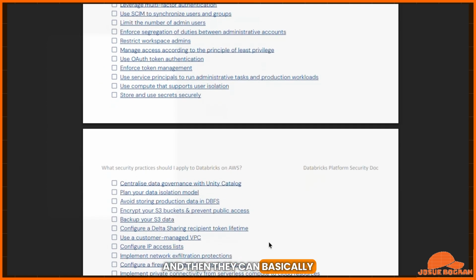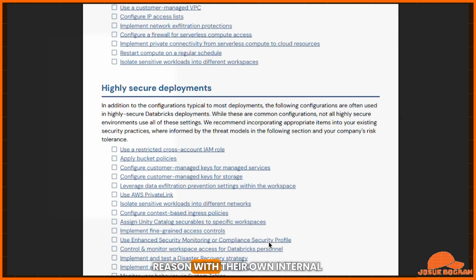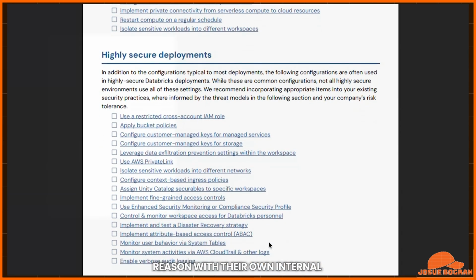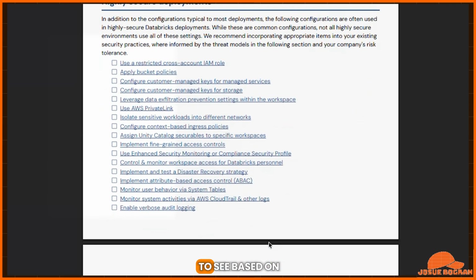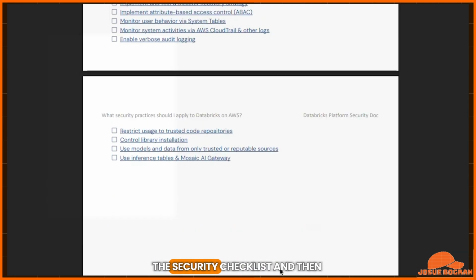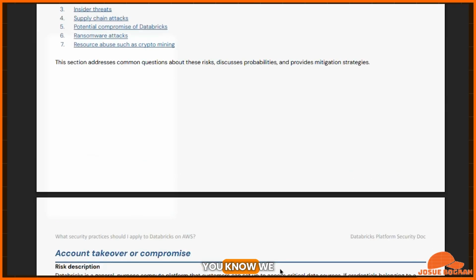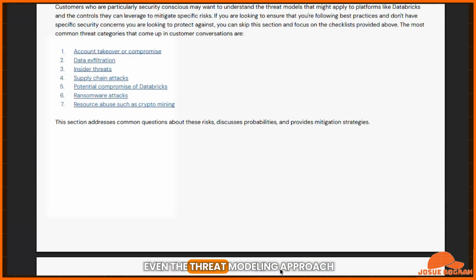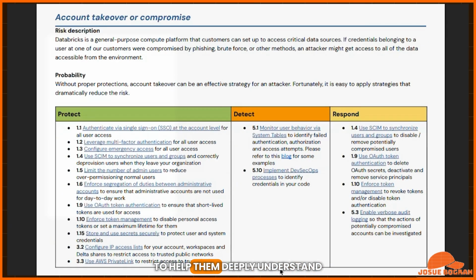Then they can reason with their own internal security and compliance teams, based on whether they are running security sensitive workloads and what kind of compliance they need to meet. Based on those, they would be able to go over the security checklist. And then we take even a threat modeling approach to help them deeply understand why these security configurations are important.